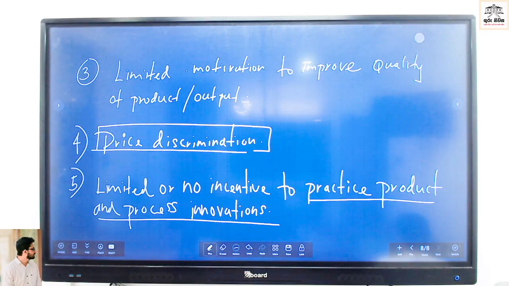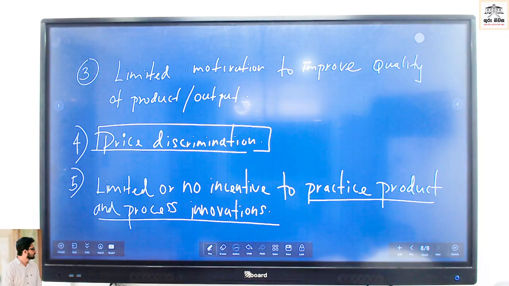Yes, sir. Okay. This is completely done. I need to make a small note on price discrimination, the fourth limitation of monopoly market. I'll do it on Wednesday.